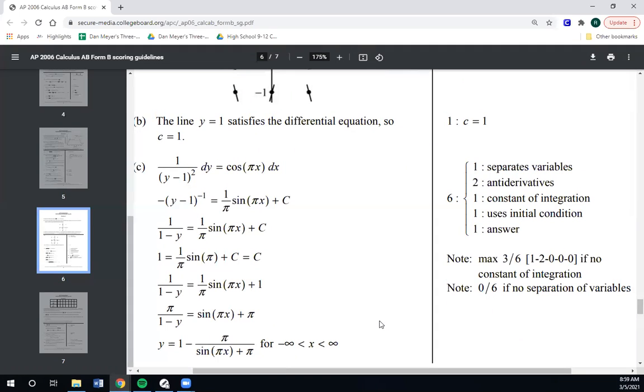So let me talk through the how first, and then I'll talk through the point values. First off, the how. They separate out the variables, took the antiderivative of both sides. Since there was a pi in front of here, to undo the chain rule, we needed a 1 over pi out in front.